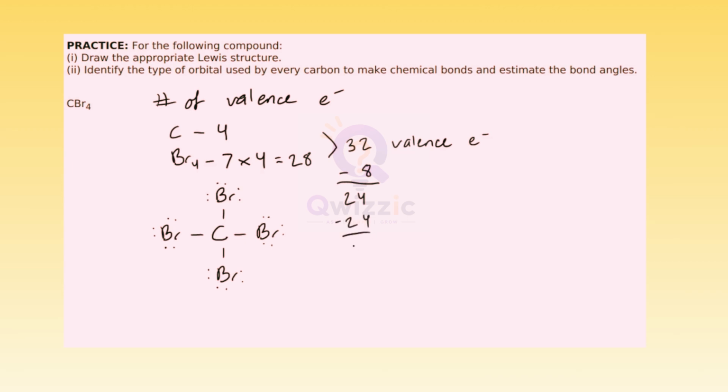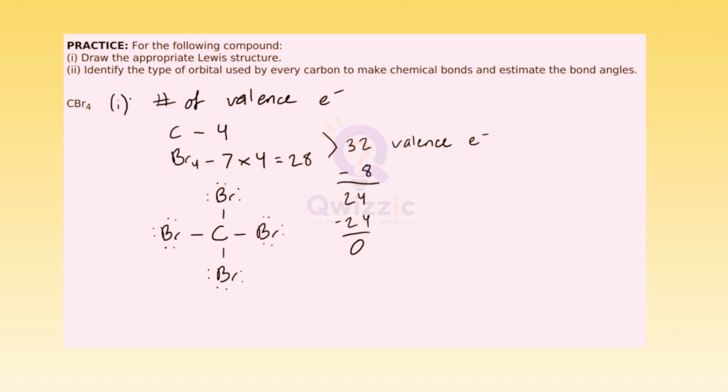So we've spent all of our electrons, and all of our atoms have a complete octet. So we are good. This is going to be our Lewis structure: a carbon atom with 4 bromines single bonded to it. So this was part 1. I should have labeled that from the start, but this was part 1.